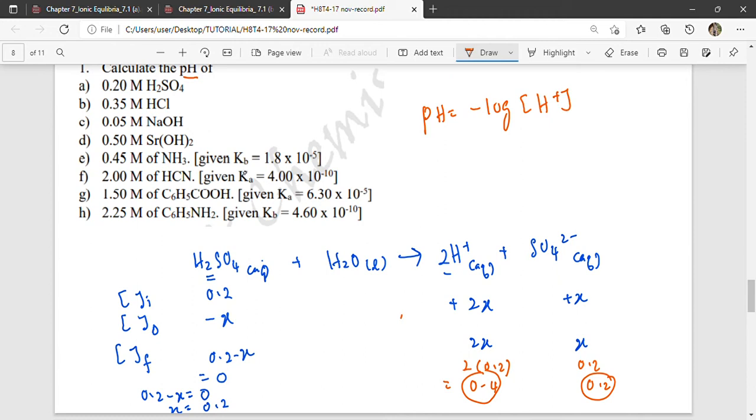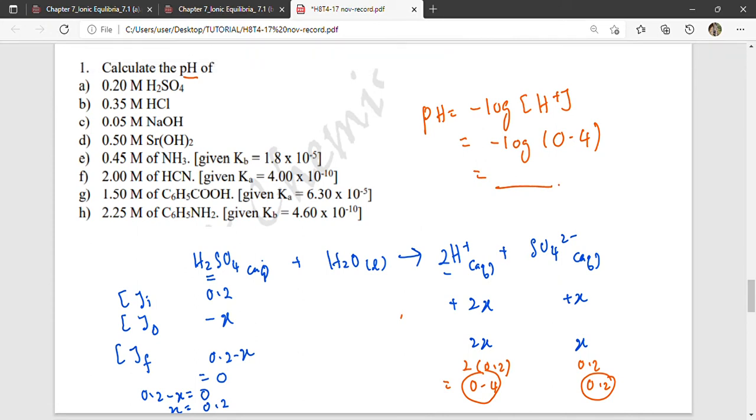The value of H plus is 0.4 molar, so you substitute negative log 0.4, then you will get the answer for the first question, 1A.